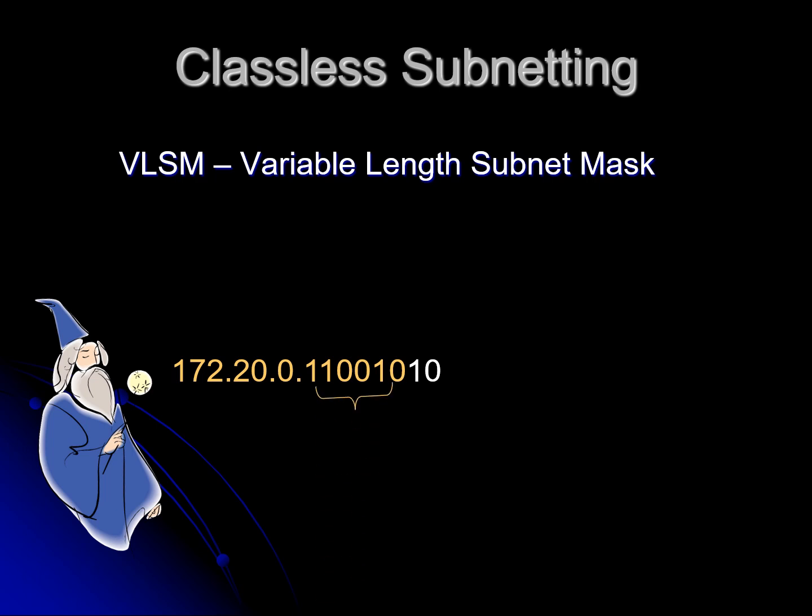Converted to decimal, that's your 200 plus 2: 172.20.0.202/30.